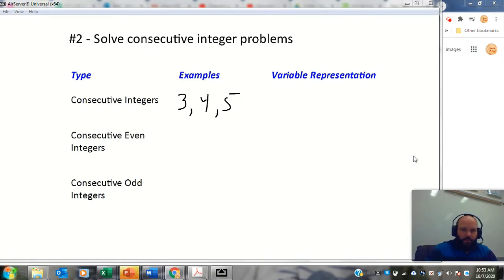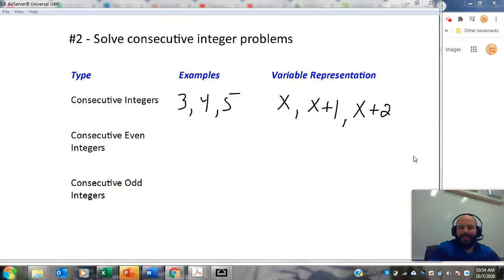Now, the variable representation of that is, if we don't know what the first number is, we're going to call that x. The next number after that is going to be x plus 1 because the next one is 1 higher. And then the next one after that is going to be x plus 2.